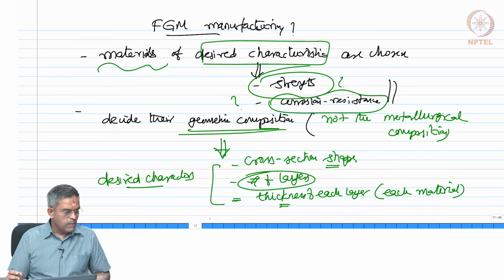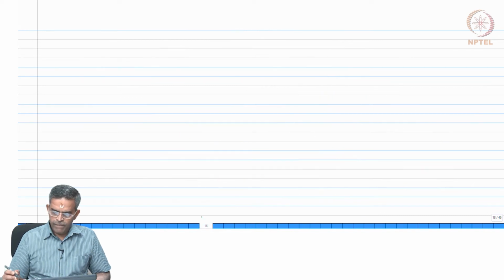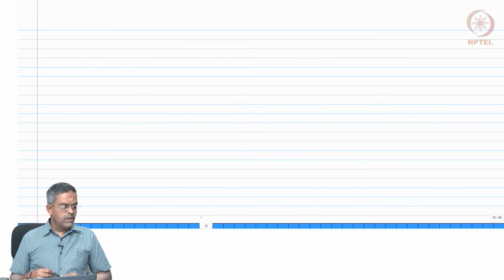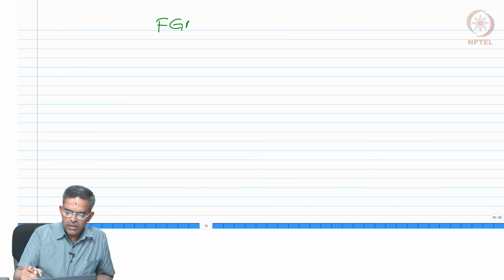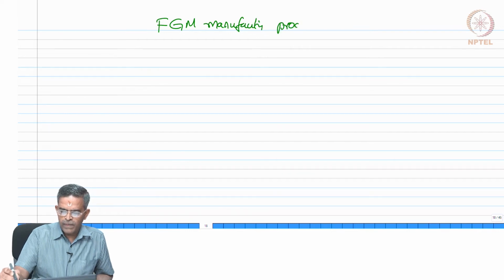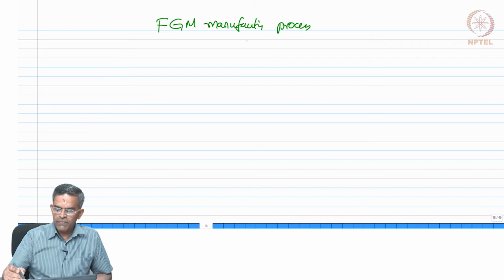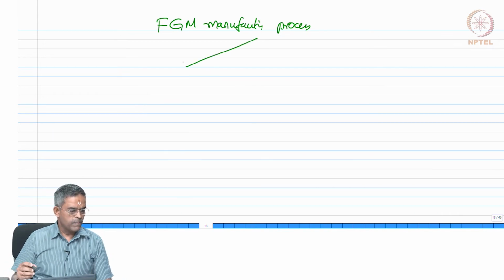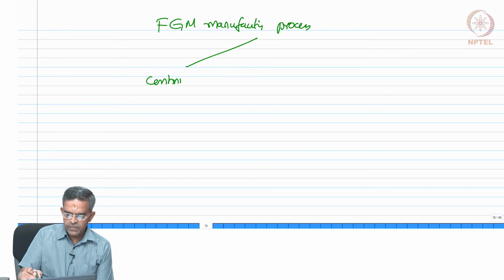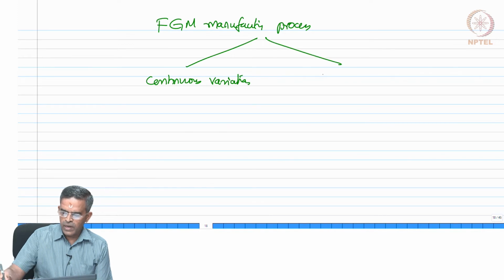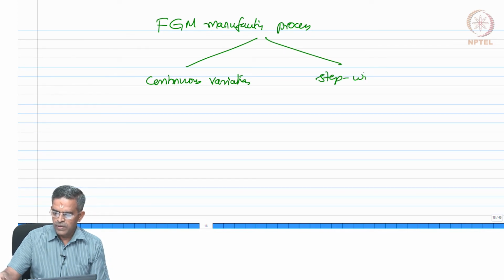Now, if you look at a conventional FGM manufacturing process, they are manufactured in two ways. One is a continuous variation, the other one could be a stepwise variation.